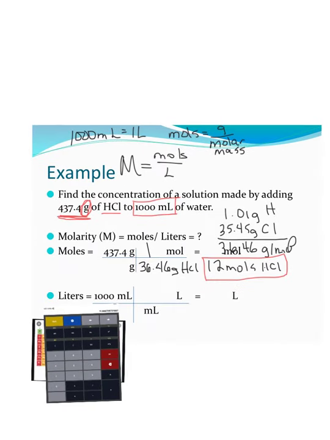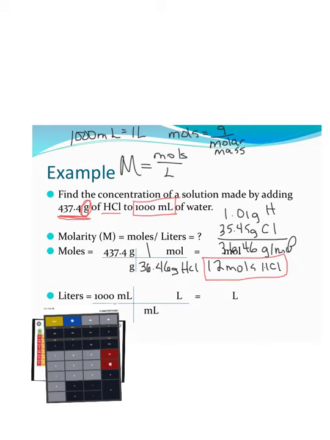Okay, so that was for our moles. Now, getting back to the volume, it gave us 1,000 milliliters of water. I can't use milliliters in my problem for molarity. This volume has to be in liters.